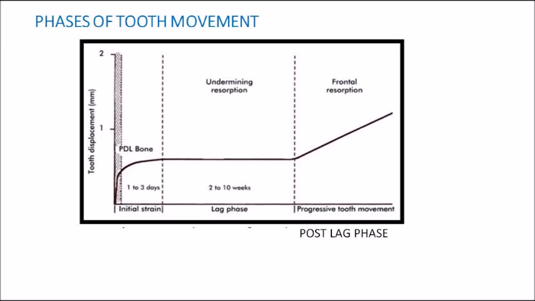During this frontal resorption phase, osteoclasts are found over a large surface area, resulting in direct resorption of the bony surface, and there will be tooth movement.